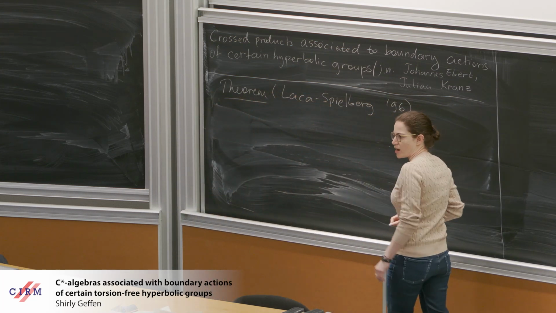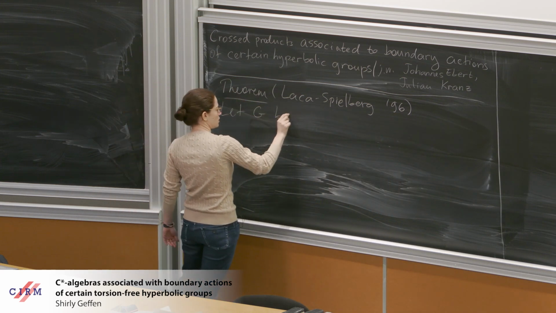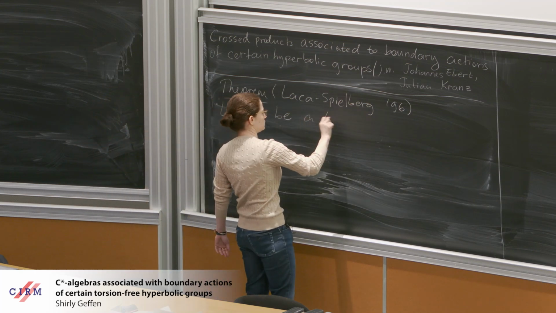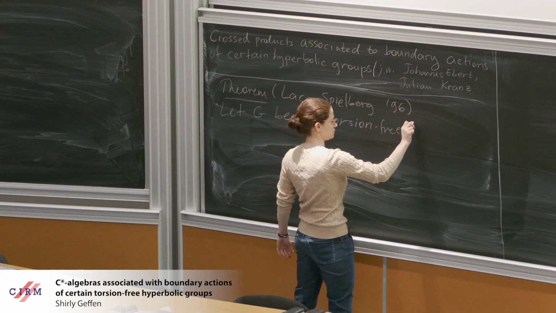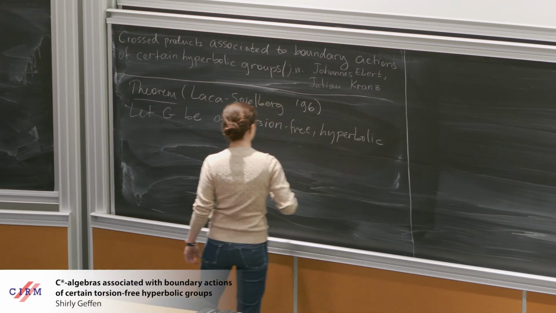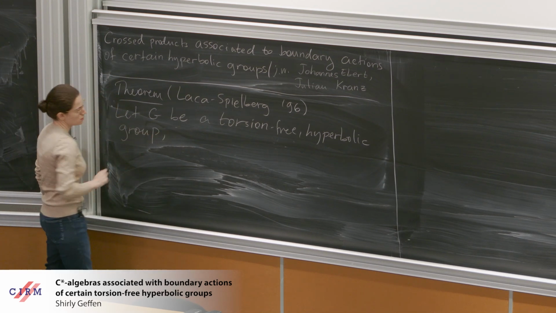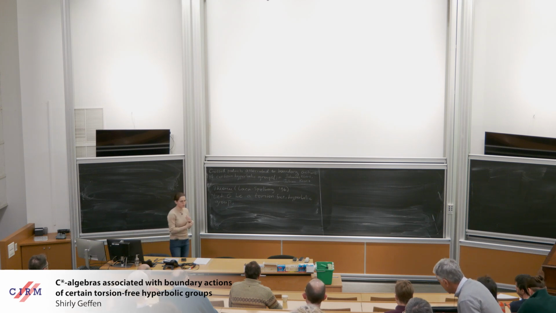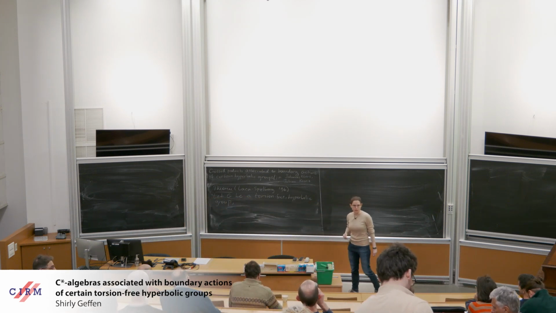That says that if G is a torsion-free hyperbolic group, then the cross product associated to the action of G on its boundary is determined up to isomorphism by the K-theory.